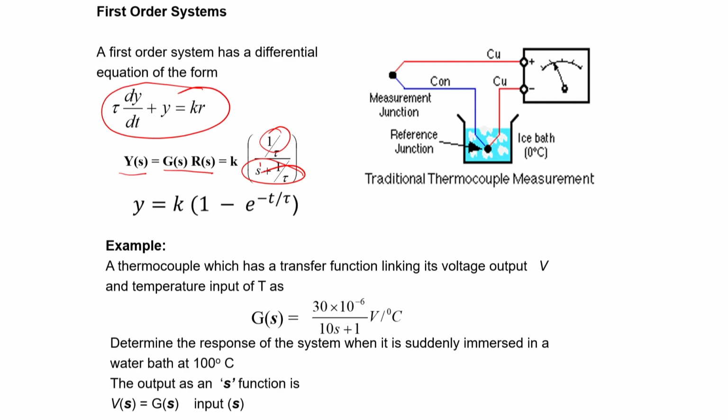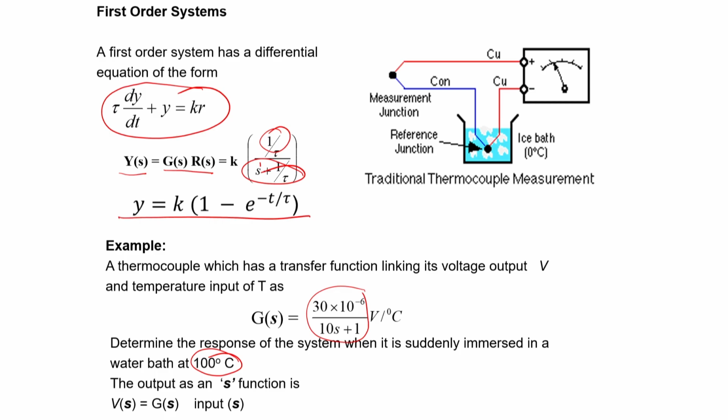And we can also find out the time domain response of the system. Given a transfer function, you should be able to determine the response of the system corresponding to different types of boundary conditions. For a first order system, however, you need only one boundary condition.